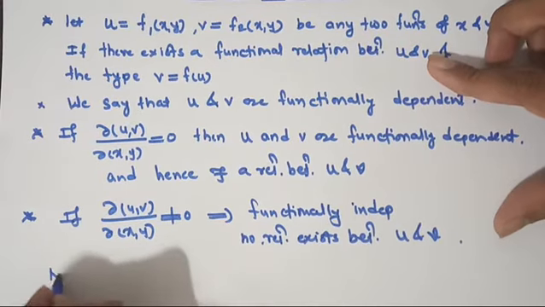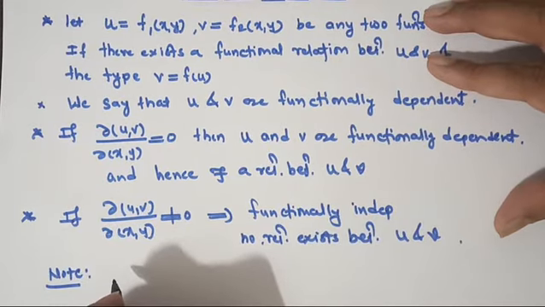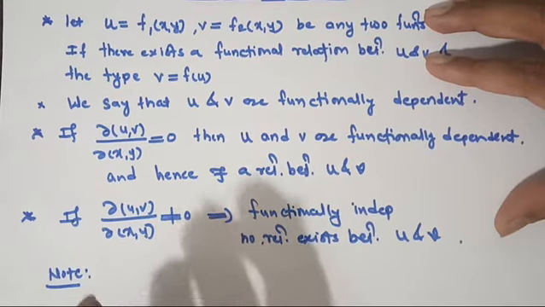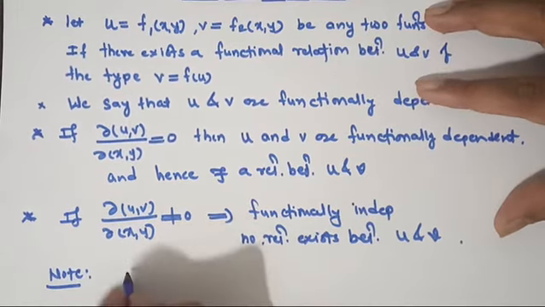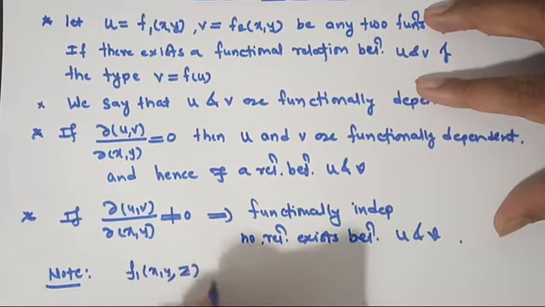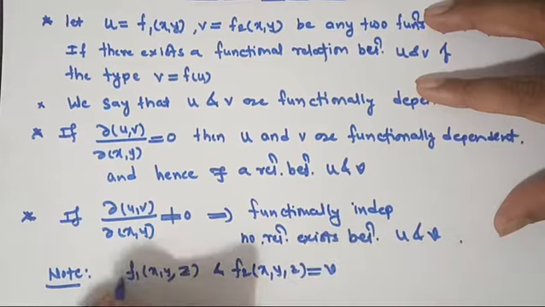Now here, if the number of functions is less than the number of variables, suppose we have two functions, f1 is a function of three variables x, y, z, and f2 is a function of three variables x, y, z. Suppose this is v and this is u.